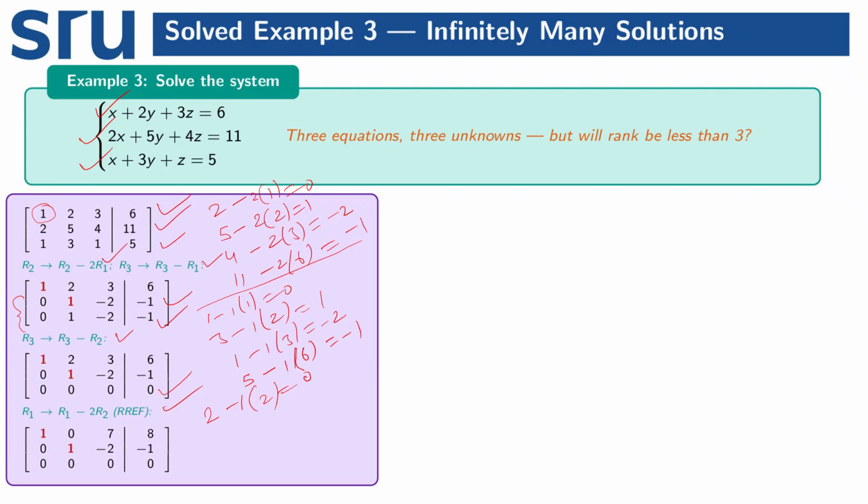So the first row becomes 1, 0, 7 and 8, and the second row is 0, 1, minus 2 and minus 1, and the third row is completely 0.